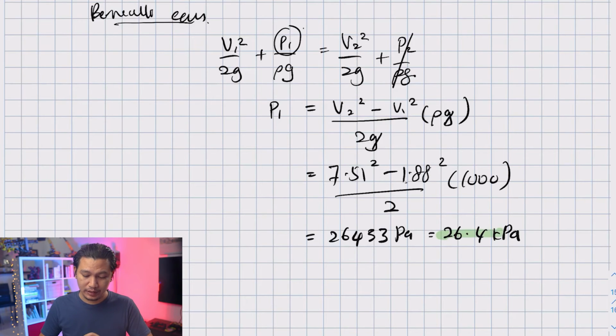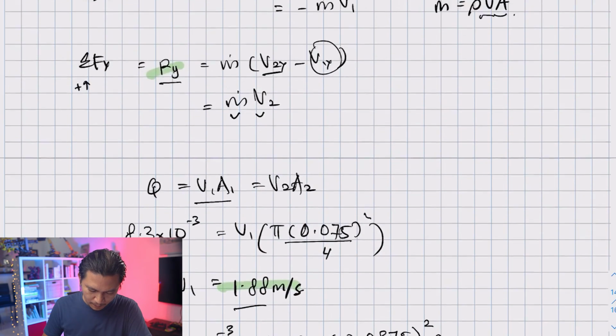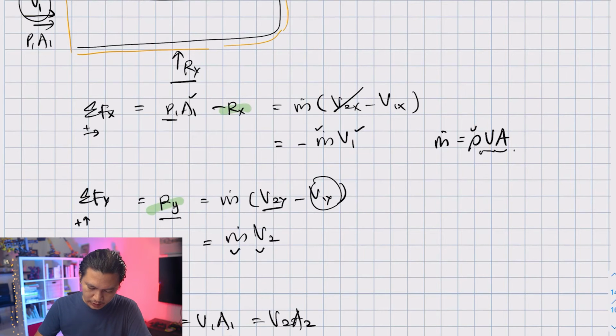Now that we have pressure, I do think that we have everything we need in order to find Rx and Ry. So let's do Rx first. In here, Rx is equal to P1A1 plus m dot V1.